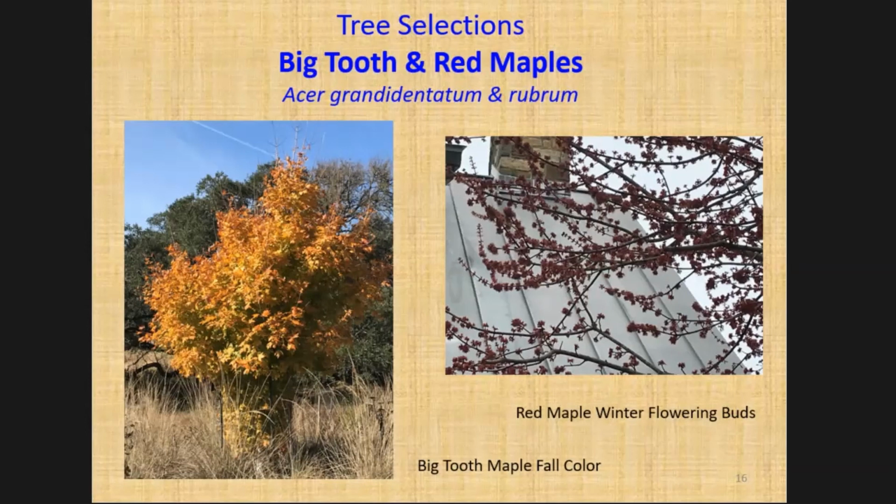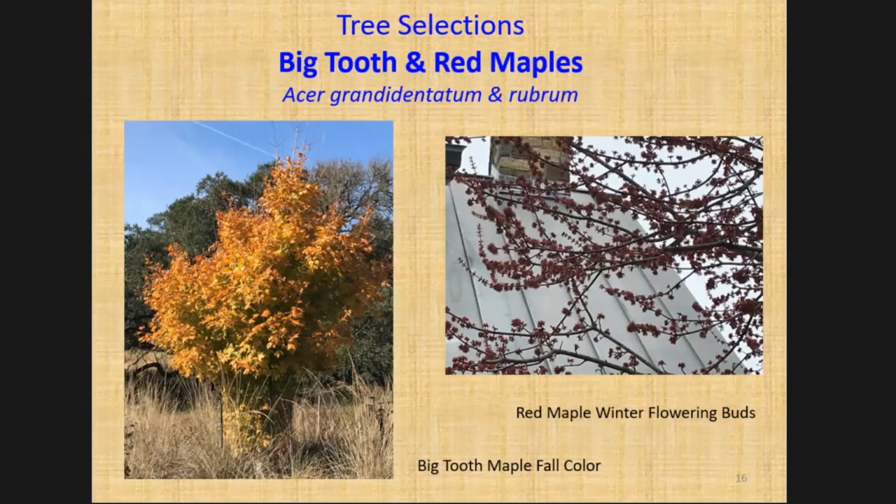The other tree that you could plant is the red maple, not as drought tolerant as the big tooth maple or the southern sugar maple, but the one on the left is the red maple. What's great about this tree is that almost 9 months a year you get color out of it.